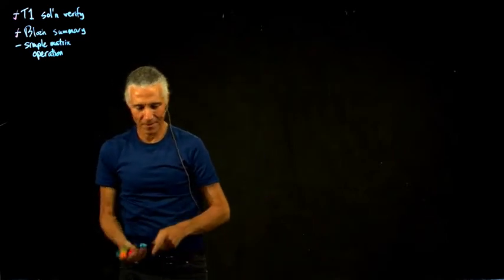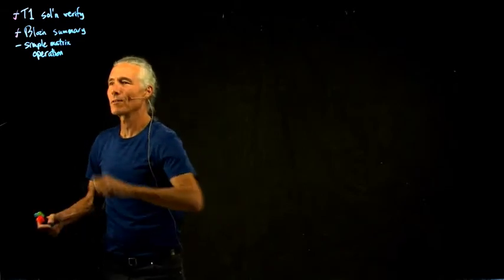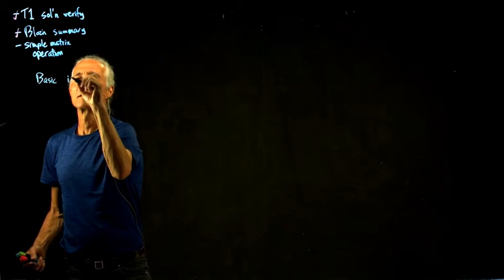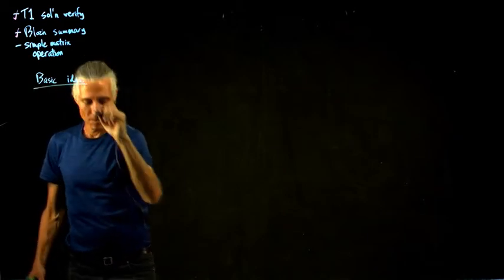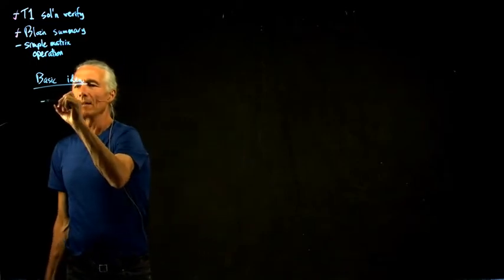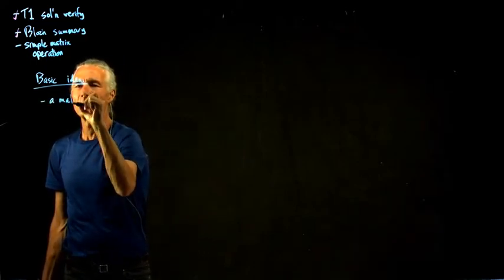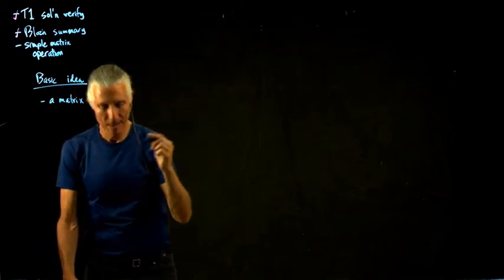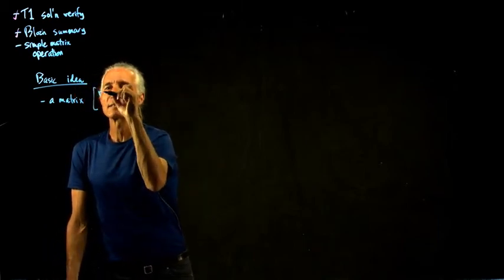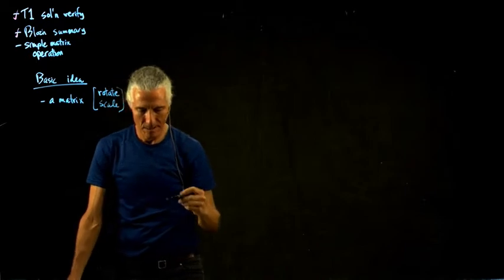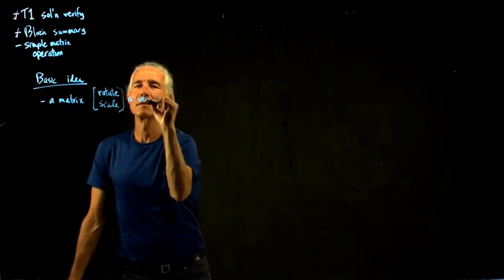We're 3D animals. And so the basic idea is that a matrix can do just two things to a vector. It can rotate it and/or scale it.